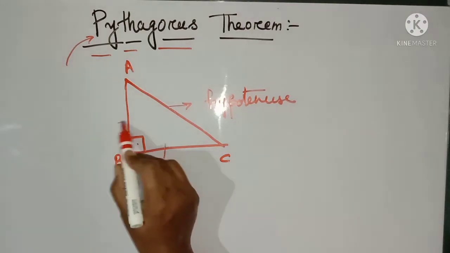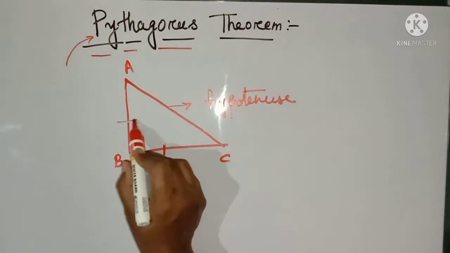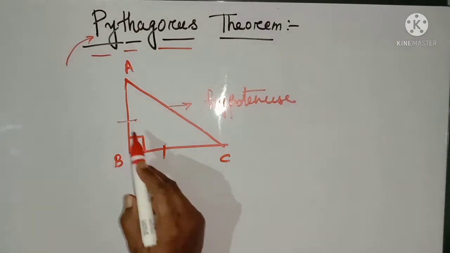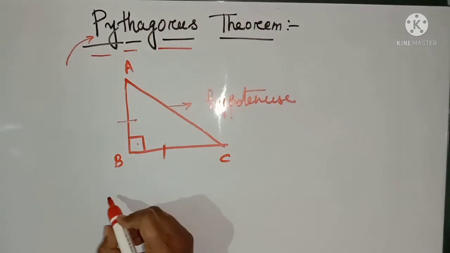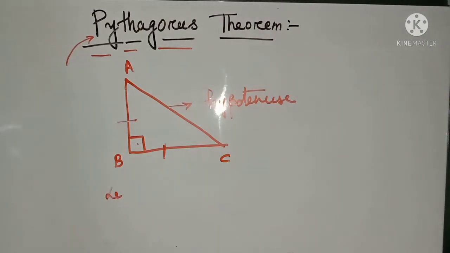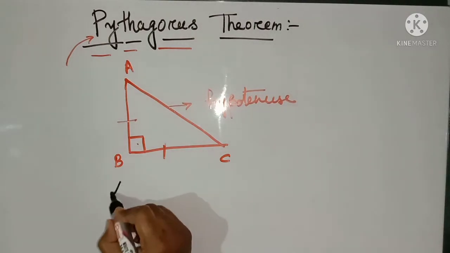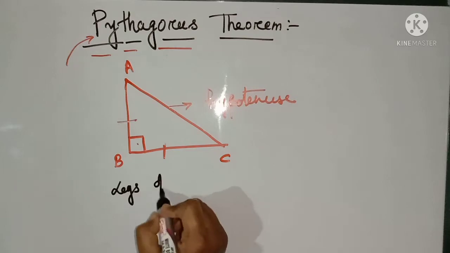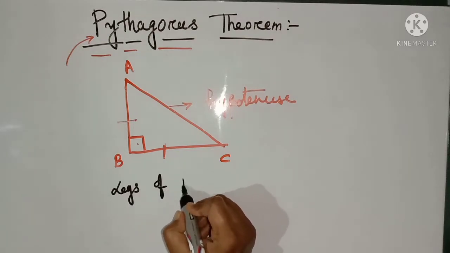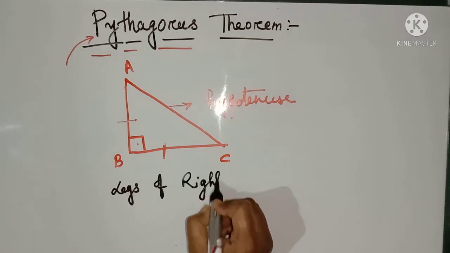And these two sides are known as its legs. These two sides are known as the legs of a right triangle. I am using the black pen.